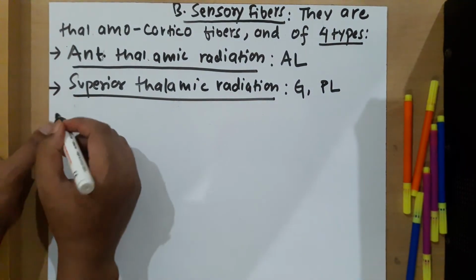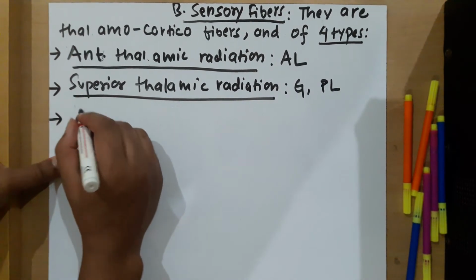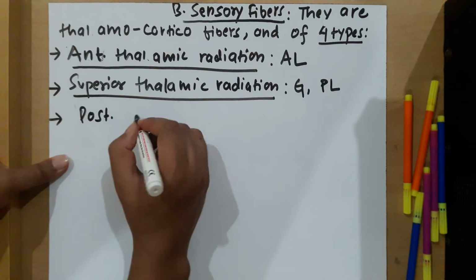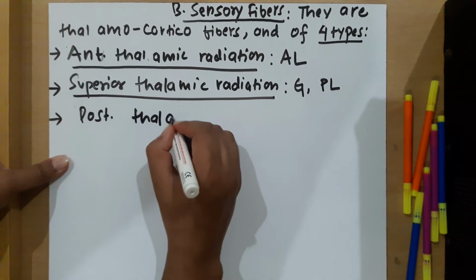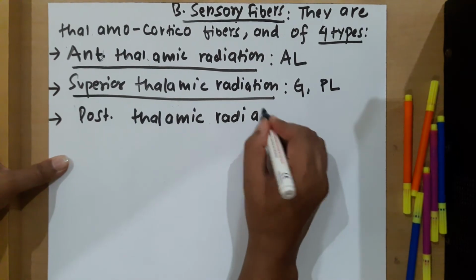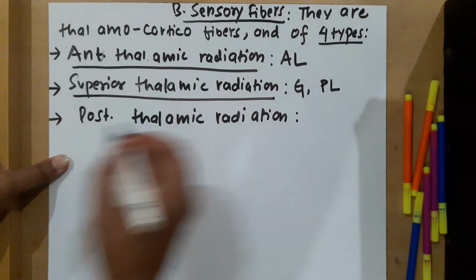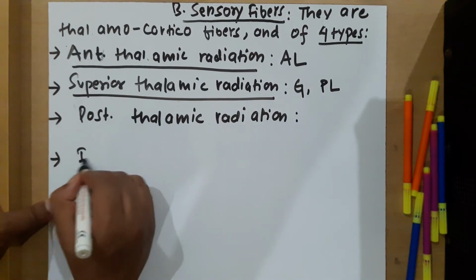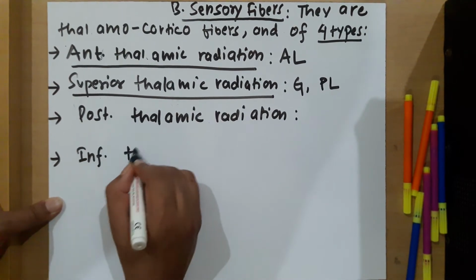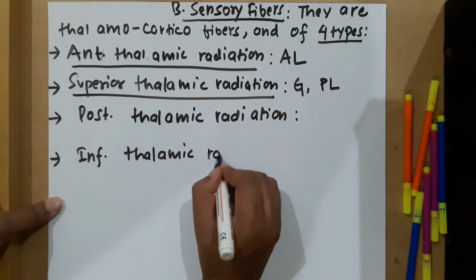Then we have posterior thalamic radiation and inferior thalamic radiation.